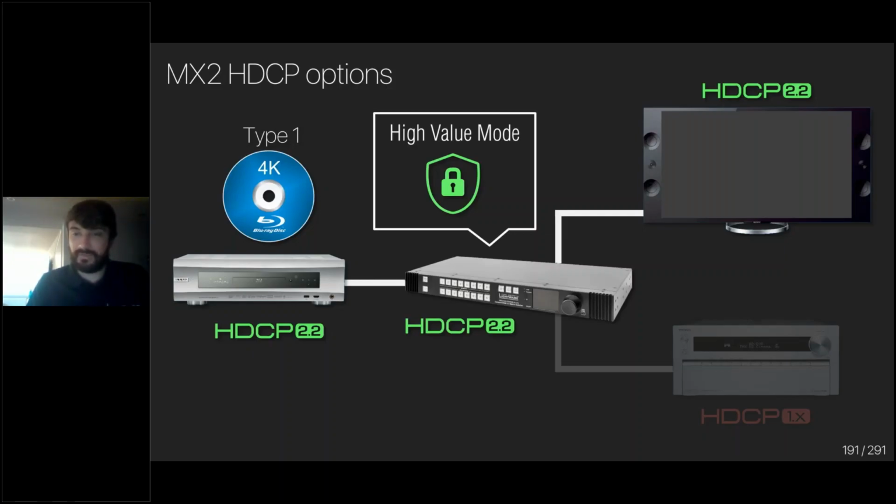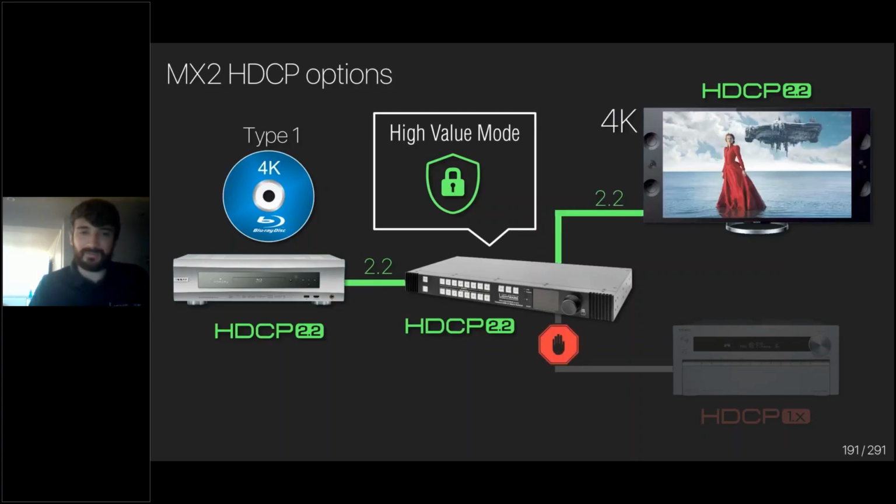So if you don't switch the signal from the source to that AV receiver, then it shouldn't be part of the HDCP device tree, which raises lots of questions about the topology and all that. But in this case, that means we can send the 4K signal to the display without having to physically disconnect the AV receiver.